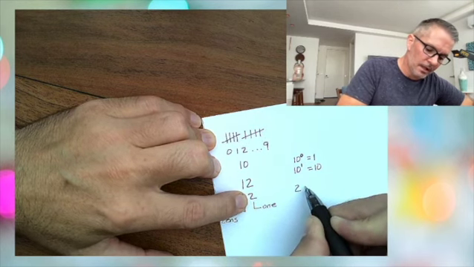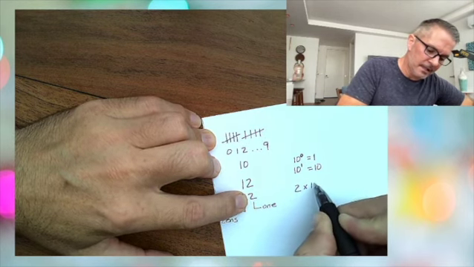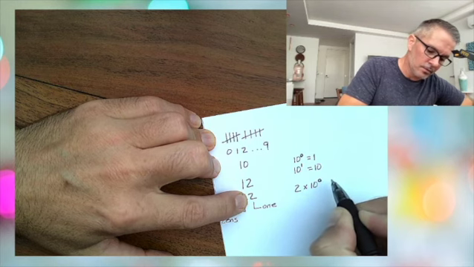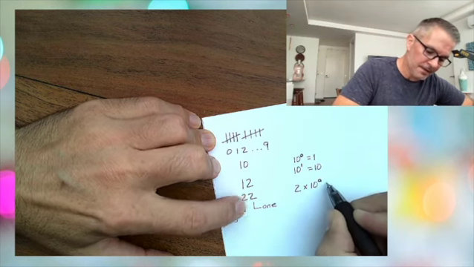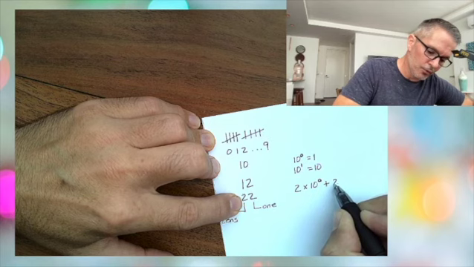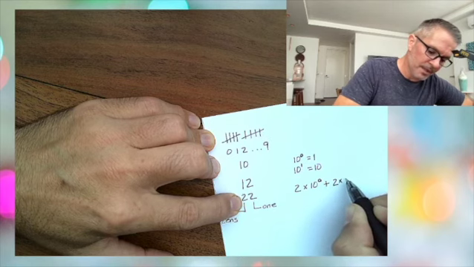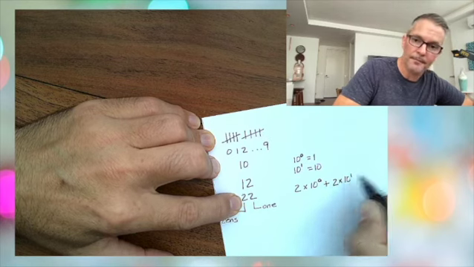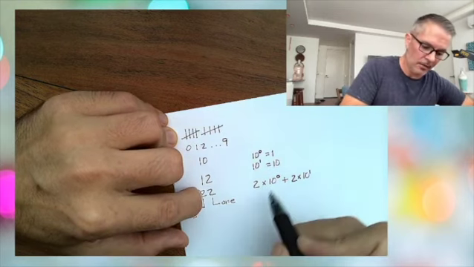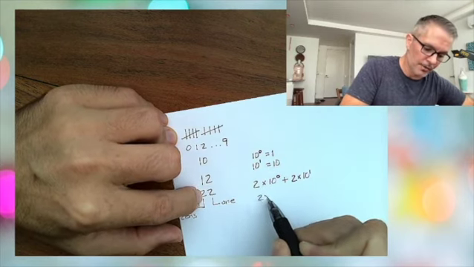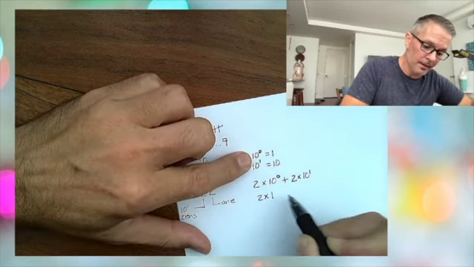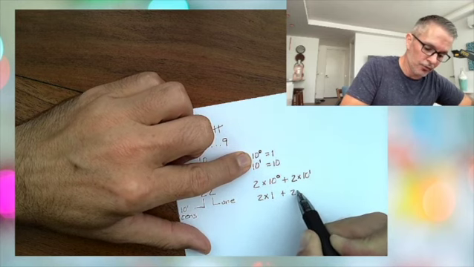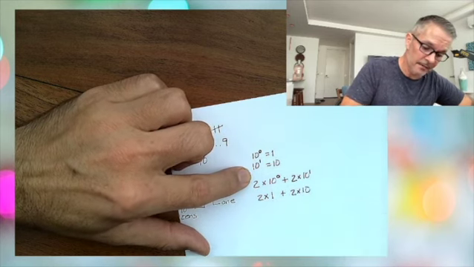So when I write the number 22, what I'm really saying is 2 multiplied by 10 to the 0 plus 2 multiplied by 10 to the 1. And if I work this out, I get 2 times 1 plus 2 times 10.